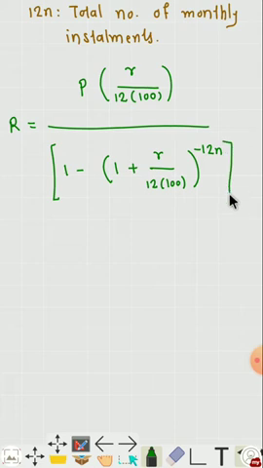So this formula will give us the monthly installment, or EMI, equated monthly installment.